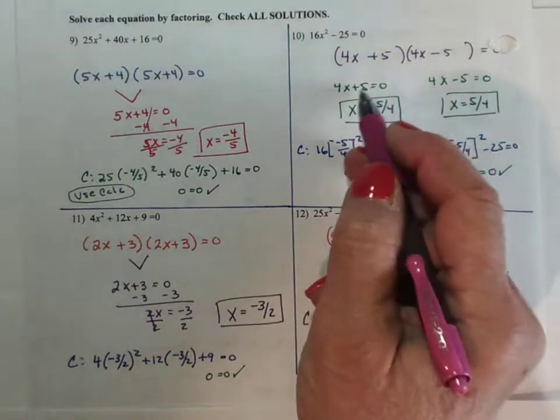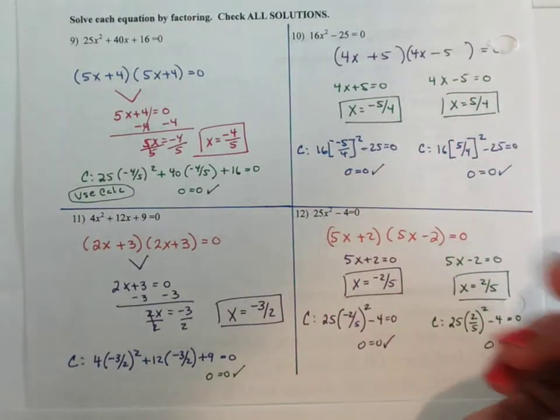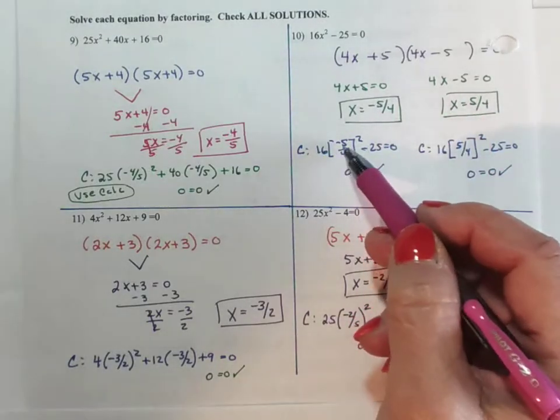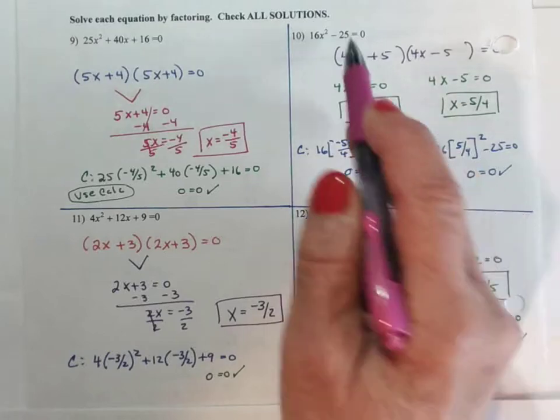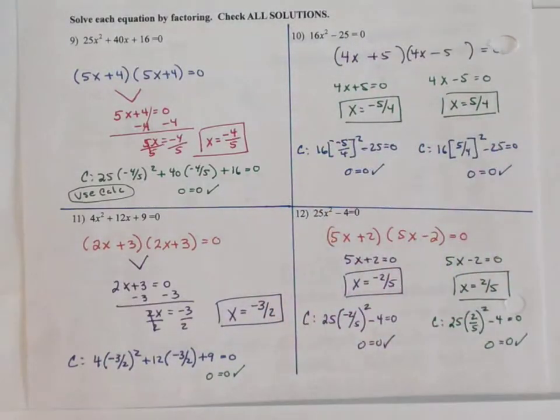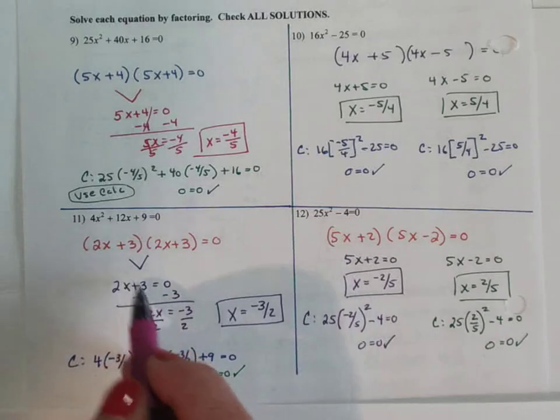So here we set each factor equal to 0. We solved each factor. Right? And then we plugged in the solution into the original equation and we checked both of these answers. Here, the two factors were the same, so I only had to solve one.